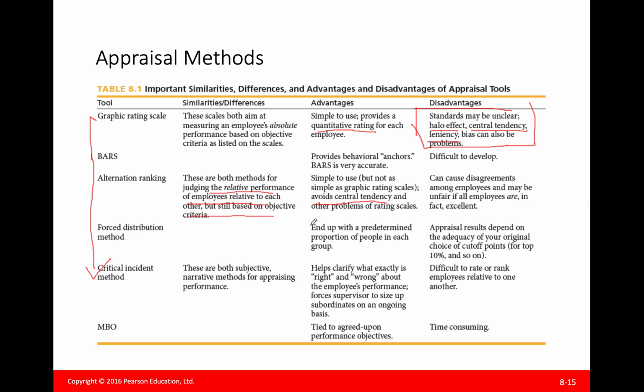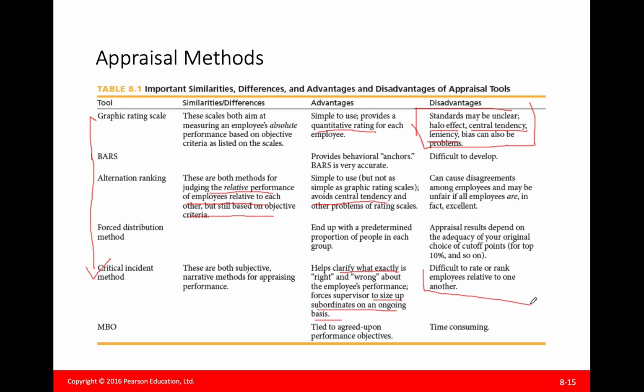Critical incident method. This method is very timely, good for improving performance over time and showing what is right or wrong. Fourth, it is supervisor-based, on an ongoing basis. It happens regularly, so it's easy to monitor. But it's difficult to rate or rank employees relative to one another. Why?